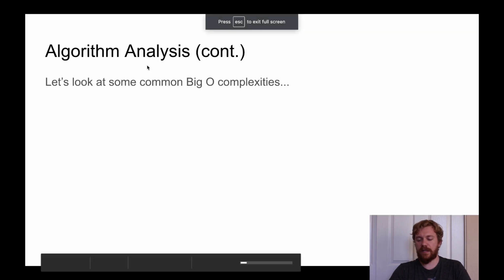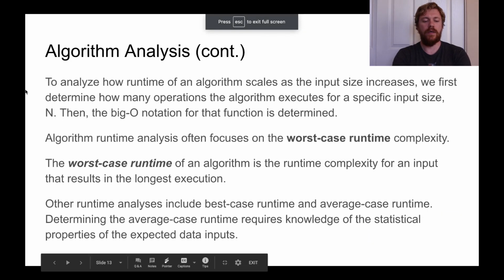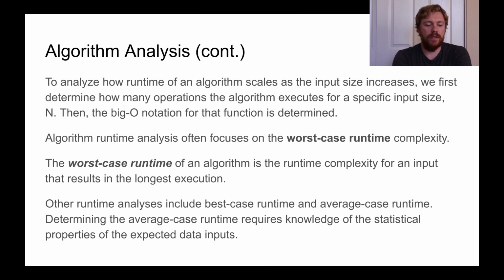So going back to the slides. How do we analyze these different algorithms? To analyze how the runtime of an algorithm scales as the input size increases, we first determine how many operations the algorithm executes for a specific input size, n. Then the big O notation for that function is determined.